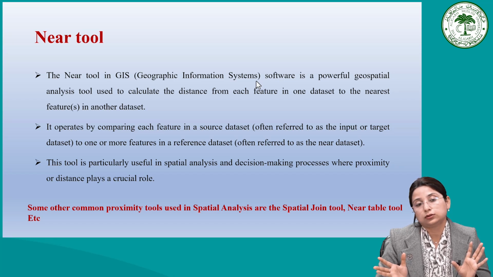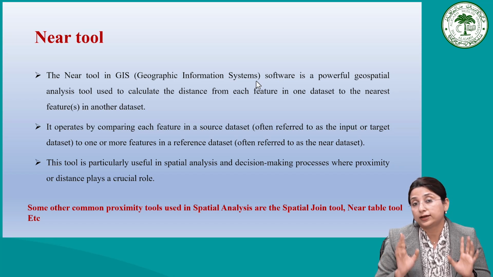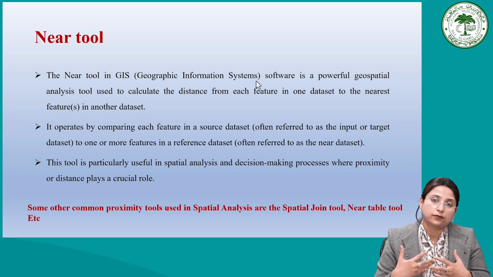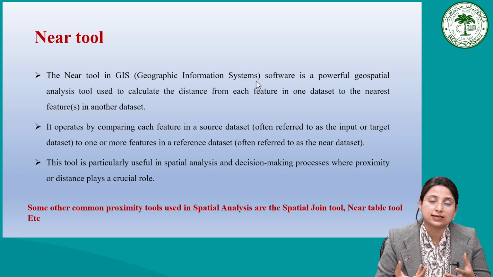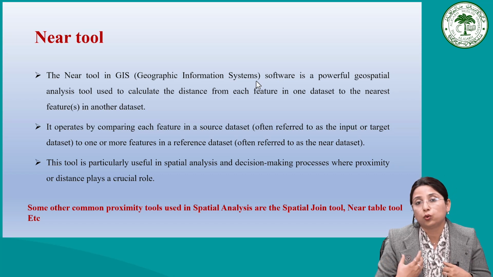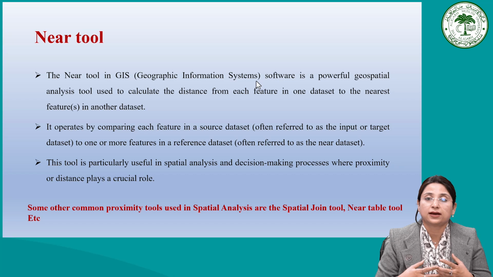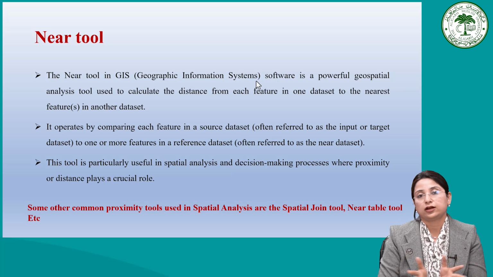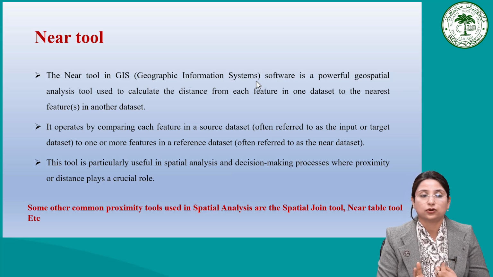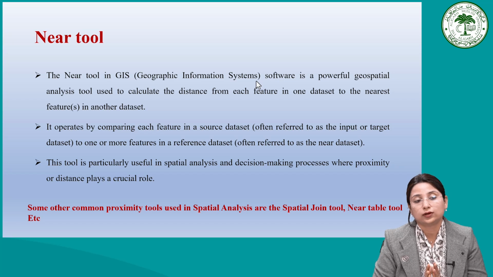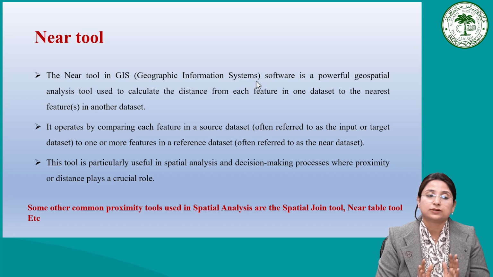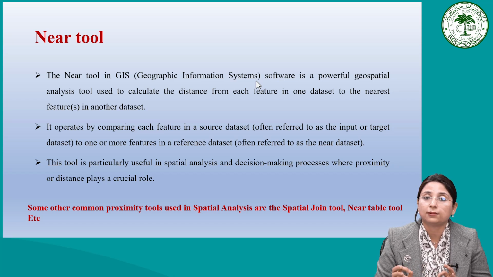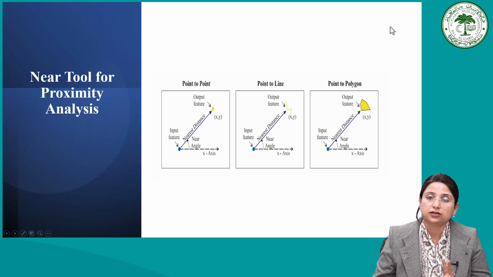For example, if we have traveled to some new place, we can find the nearby hotels, nearby restaurants, or nearby interesting places to visit. Everything can be found through this near tool. So this tool is useful in spatial analysis and also in decision-making processes where proximity or distance plays a very important role.